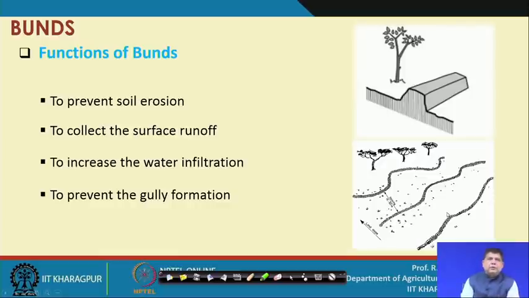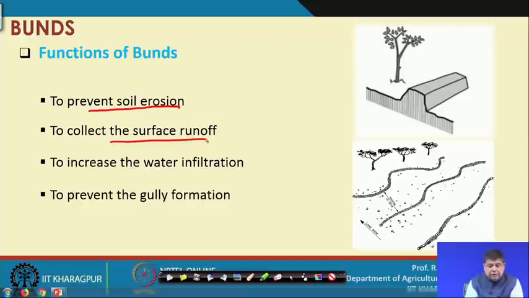Now, coming to functions of bunds, they are built to prevent soil erosion, to collect surface runoff, to increase water infiltration and to prevent gully formation. As we have already seen, this is the typical cross section, a trapezoidal kind of cross section as shown in this picture.